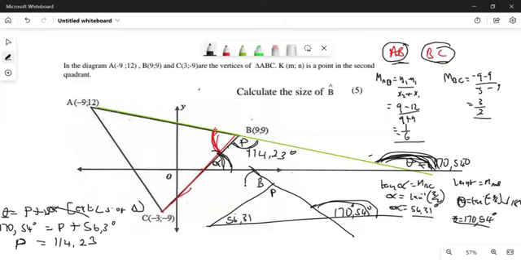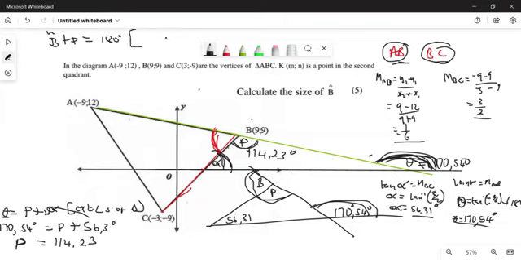But now, if you look at these two angles, what can you tell me about them? They are supplementary. What does it mean when you say they are supplementary? They add up to 180. It means angle B plus angle P are going to give us 180 degrees.